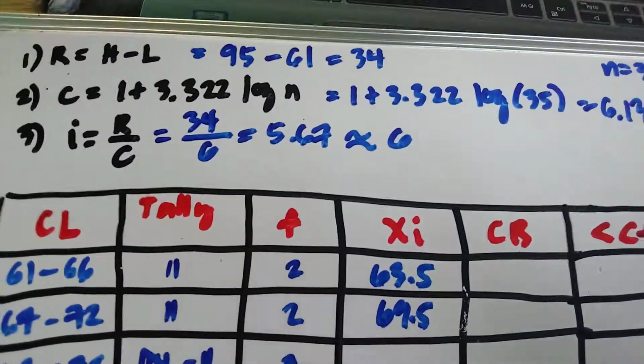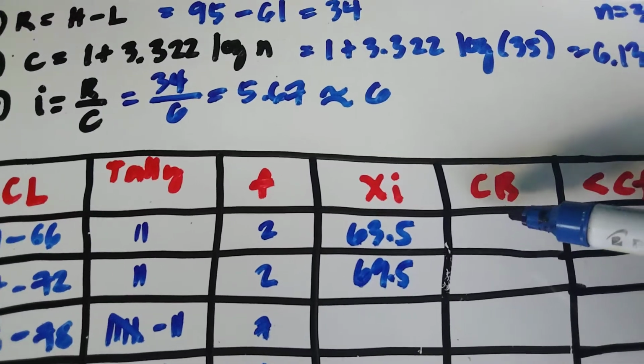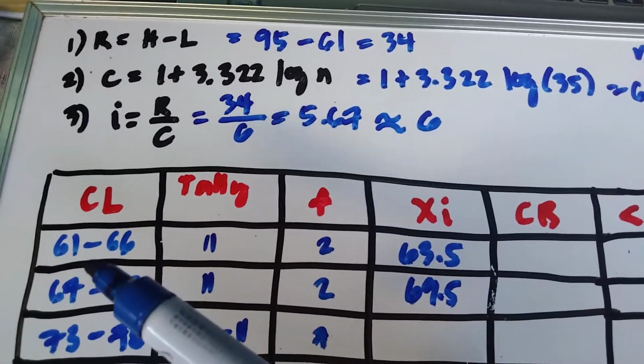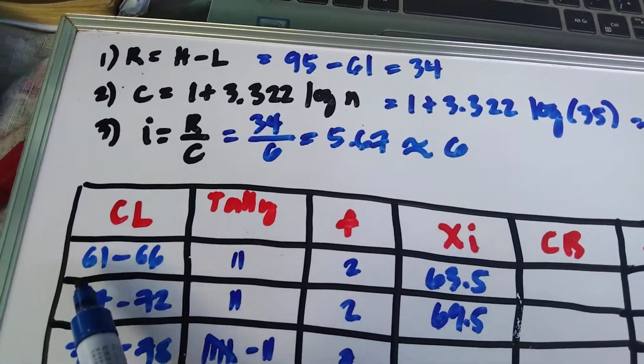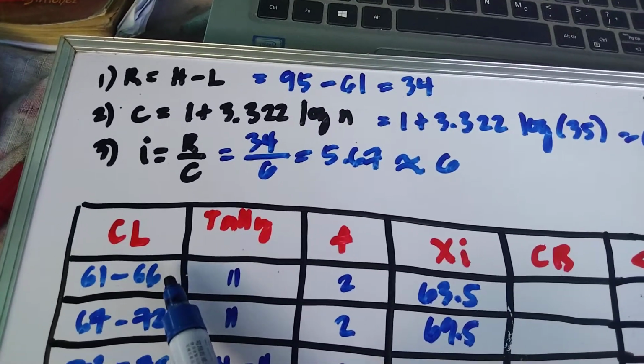Next column, we have CB, or the class boundaries. To obtain the class boundary of your first class interval, subtract 0.5 from the lower limit and add 0.5 to the upper limit.